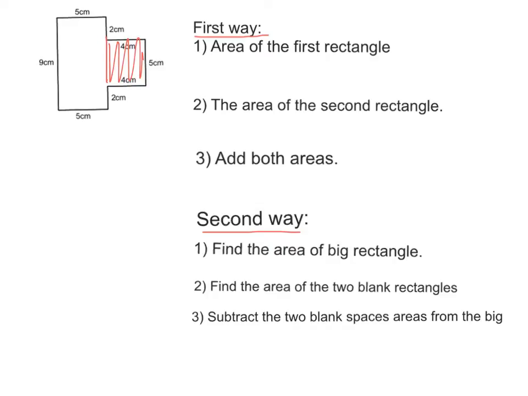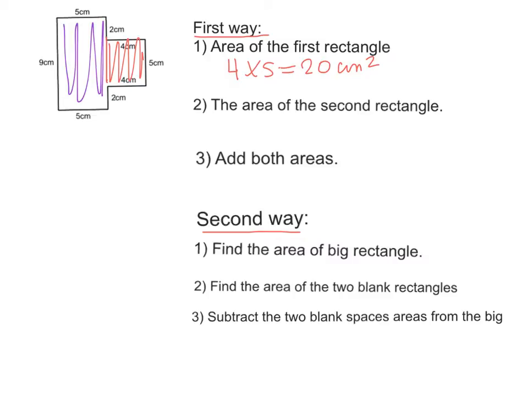So we write 4 times 5 equals 20 centimeters square. And the area of the second rectangle, which is this one, is 5 times 9.